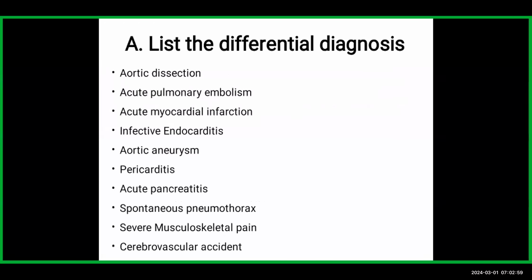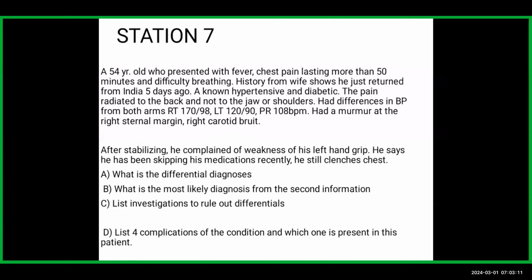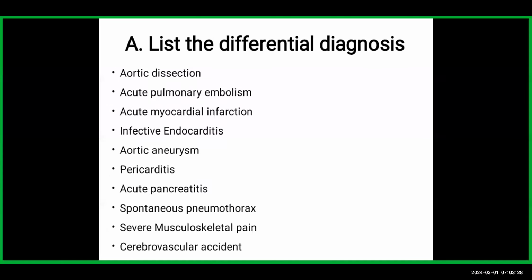Next slide, please. For the differential diagnosis, top on the list will be aortic dissection. Going back to the question, there was a history of chest pain that lasted more than 15 minutes. Though it wasn't giving the description of the chest pain, it's more like a sudden onset chest pain. The pain of aortic dissection will be described most of the time as tearing, sharp pain.